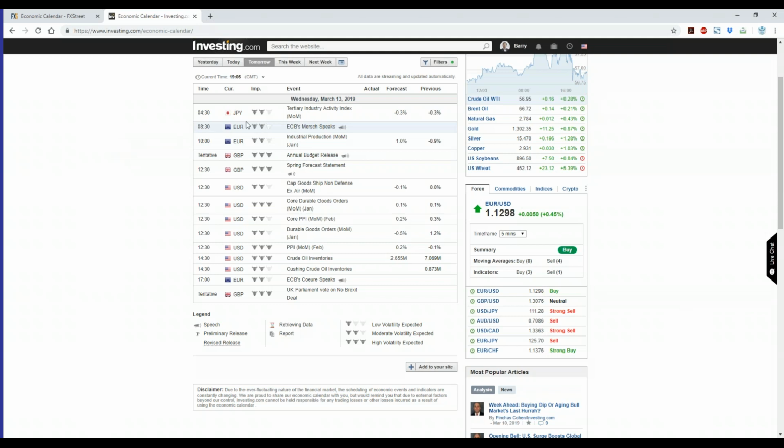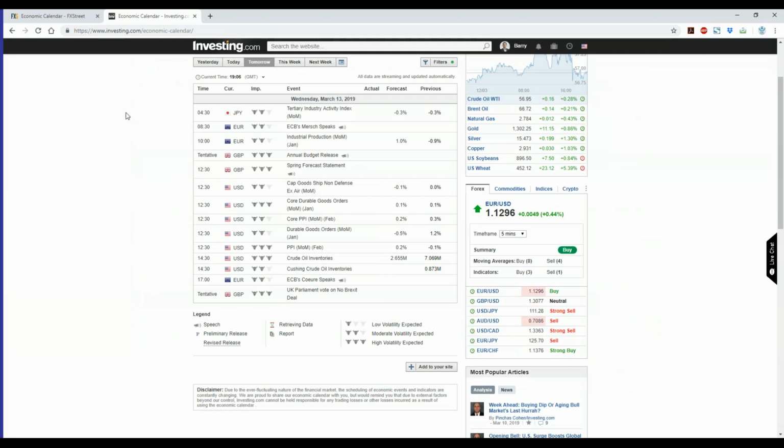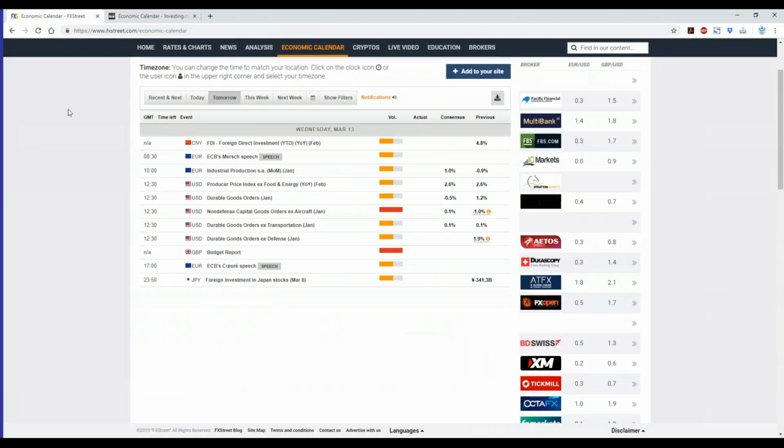So whether you're looking at the calendar on ETX, on investing.com, or on FX Street, they're virtually all the same. There are a few slight differences. Now, a lot of people will look at the calendar and say there's a big difference between this calendar and this calendar. Well, actually, there isn't.